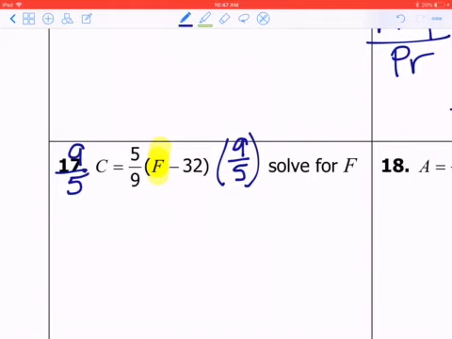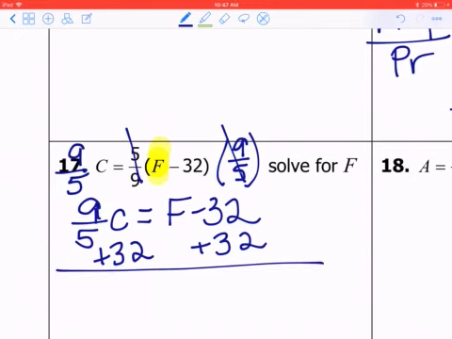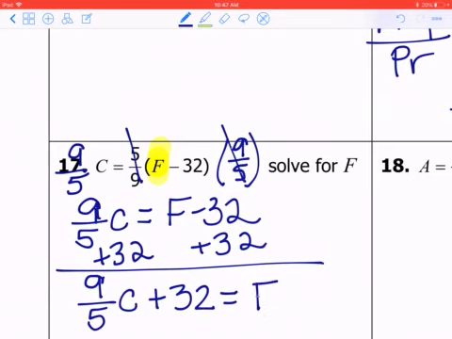When I do that, my fractions cancel, and then I'm left with 9 over 5, 9c equals f subtract 32. I'm solving for f, so I would add 32. So my answer is the fraction 9 over 5c plus 32 equals f.